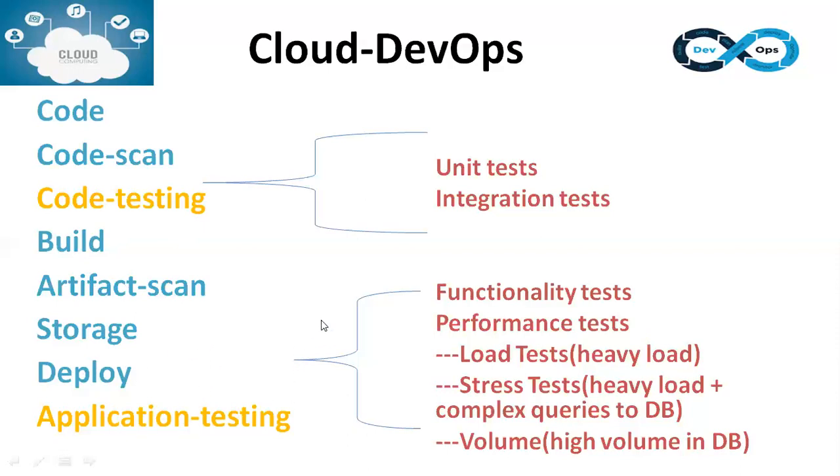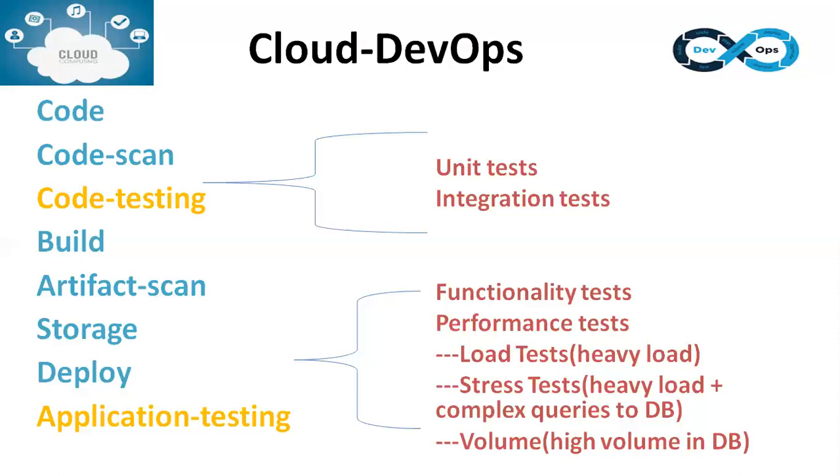In application testing, let's assume you have developed an application and deployed it into a pre-production environment. Pre-production environment means environments which are not production and can be used for testing. This testing involves functionality testing.